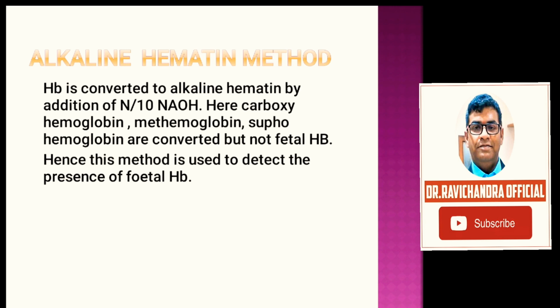Here carboxyhemoglobin, methemoglobin, sulfhemoglobin are converted, but fetal hemoglobin is not converted. Hence, this method is used to detect the presence of fetal hemoglobin. So, in the exam viva question, which method is useful to detect the presence of fetal hemoglobin? The answer is alkaline Hematin method.